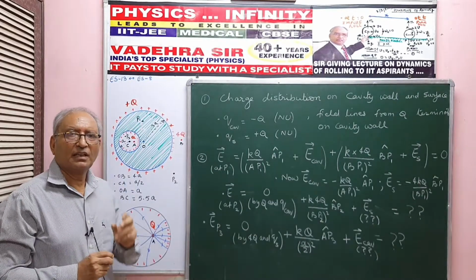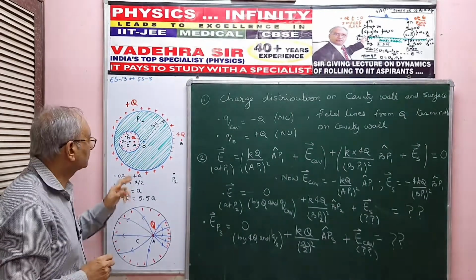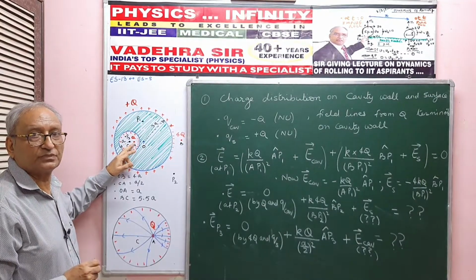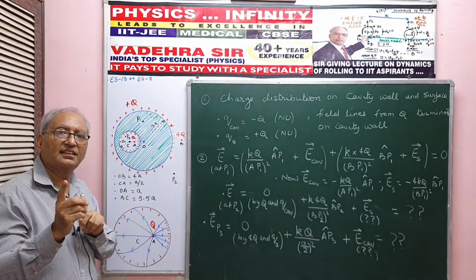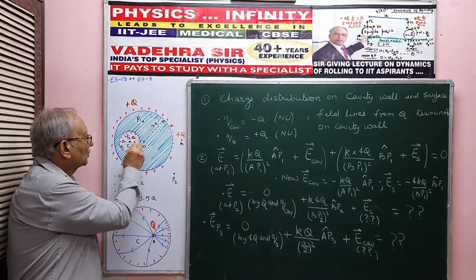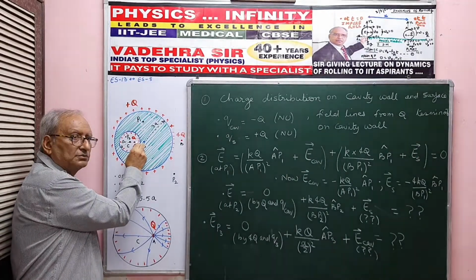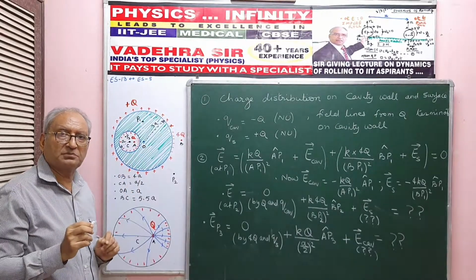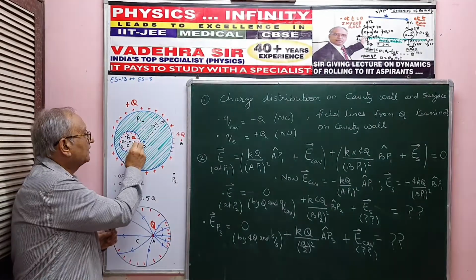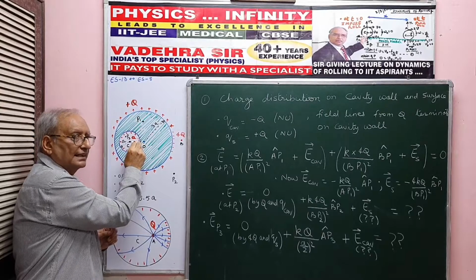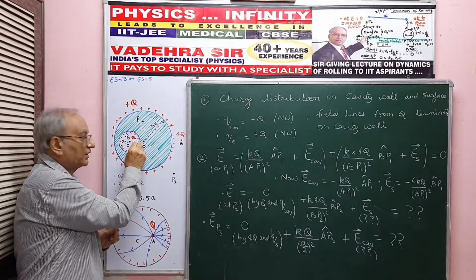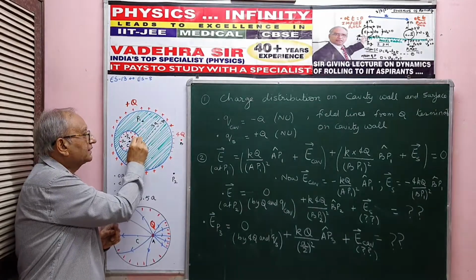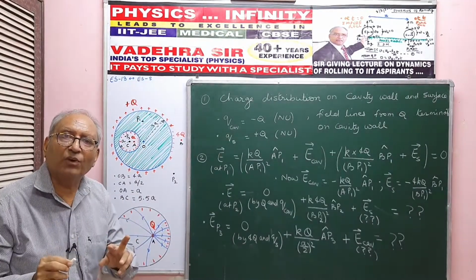One by one. Let's talk about the cavity first. Within the cavity, there is a point charge Q, and it is off center of the cavity. So, close to the point Q, there will be skewing of charges. The electric field will start from Q, that is from A, because the Q is lying at capital A point, and it will terminate on the cavity wall.